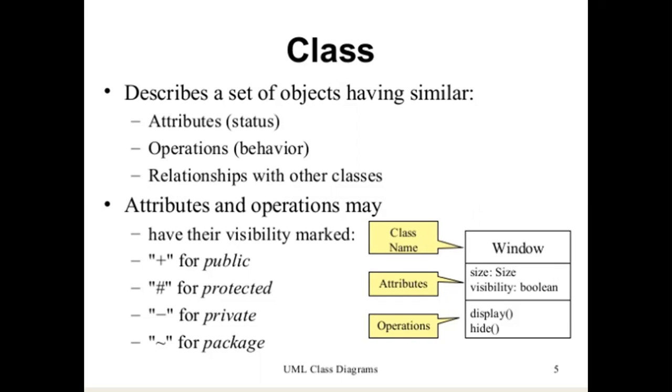For example, every chair has its own color, size, and shape. Suppose every student has the attributes hall ticket number, name, and father name. Any class or object has its own attributes, which represent the properties of the class.